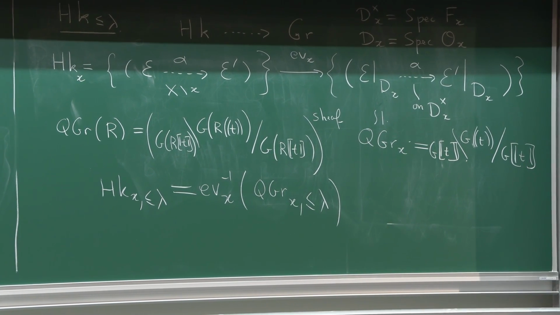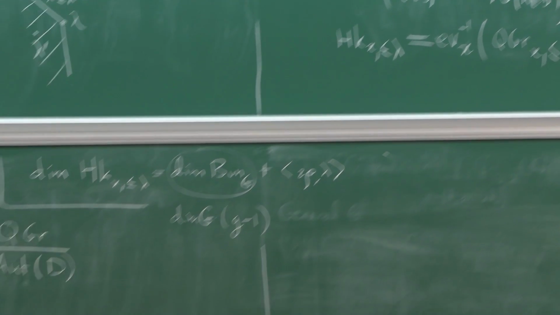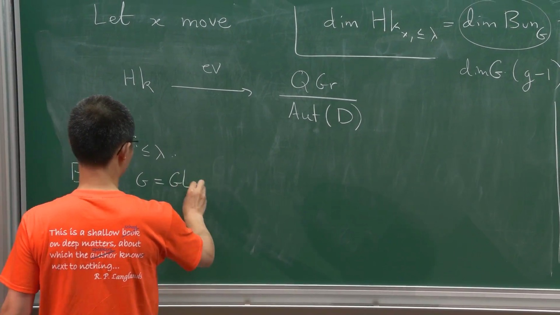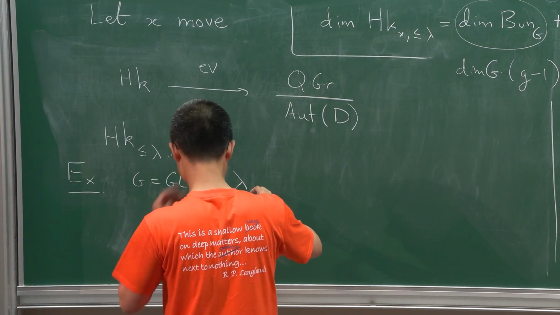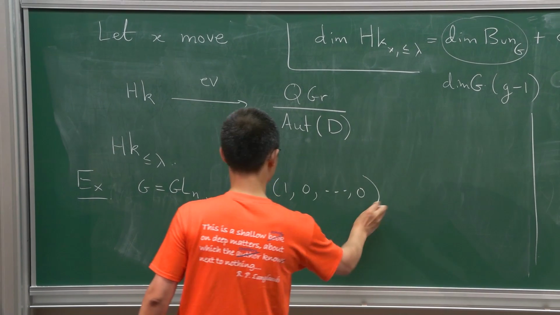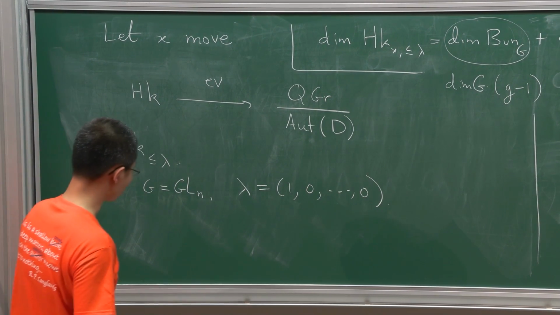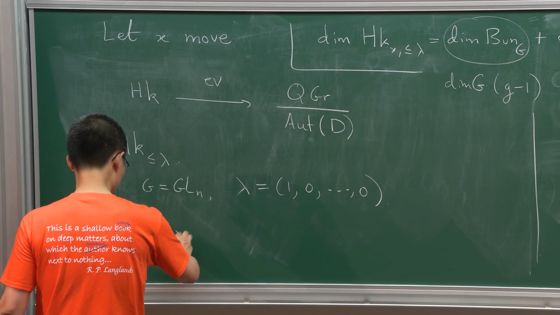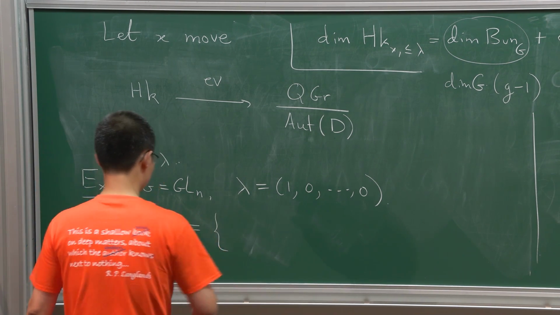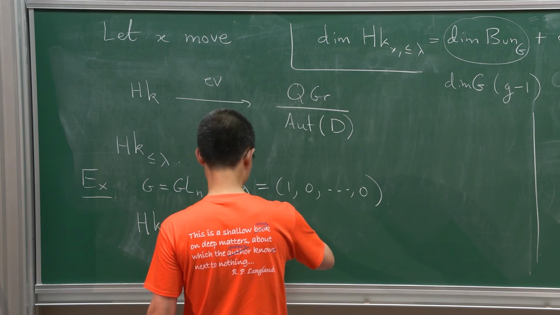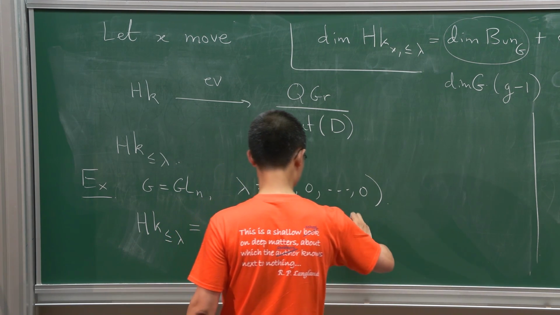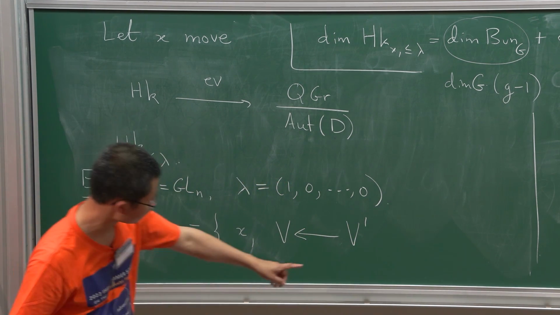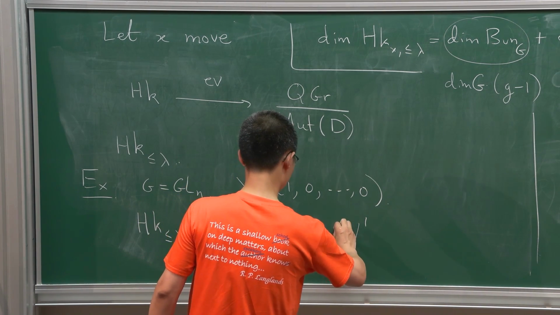So let me give an example. Again for GL_n, and lambda is the simplest dominant coweight. What we are talking about classifies a point x and a pair of vector bundles V and V prime, and their relative position is that the second bundle is slightly smaller than the first.